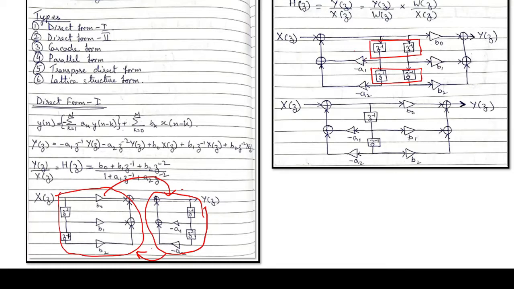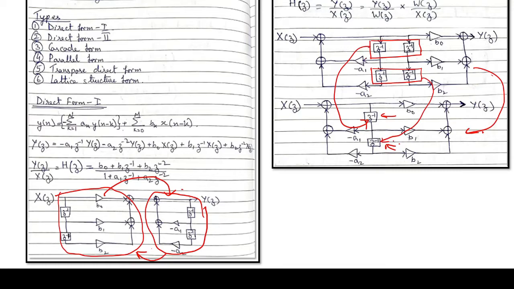These two can be clubbed together, okay, and we can use only two delays to perform all the operations. Okay, that is what has been done over here. If you see from here to here, by combining these two, we have got this delay, and by combining these two, we have got this delay.